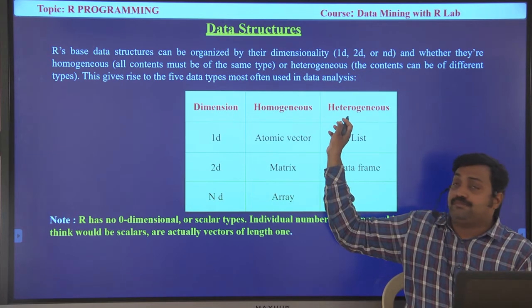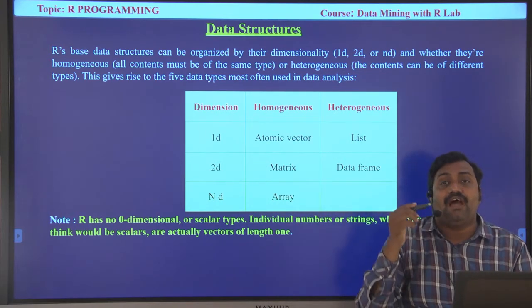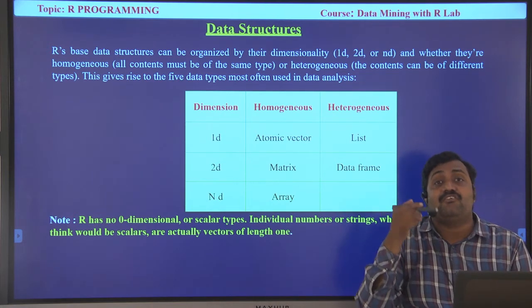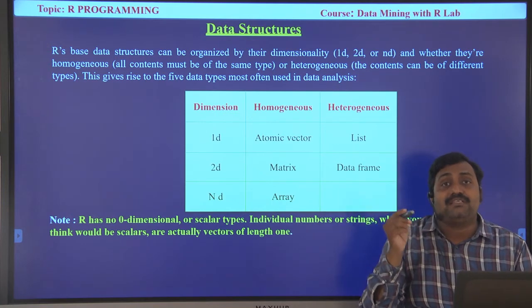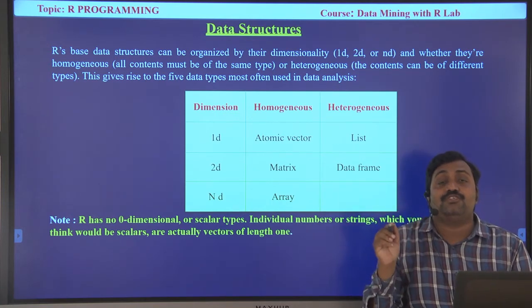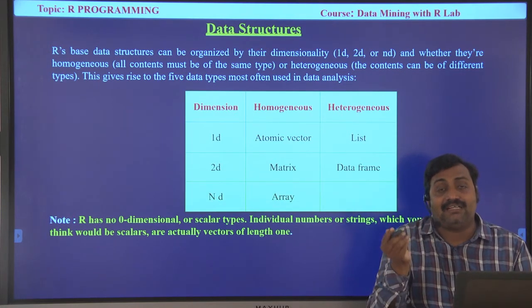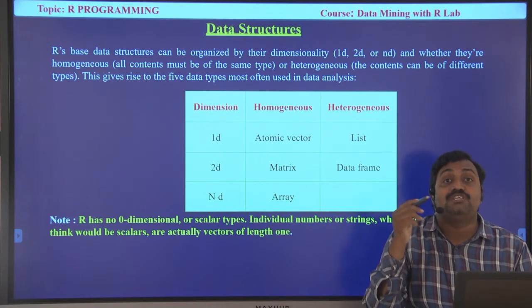homogeneous and heterogeneous. Homogeneous means we have to store the same type of value. The best example is in C language: when I create an array of integer type, it can store only integer values and cannot accept characters within the array. Mixed characters and integers are not accepted. That means homogeneous type.